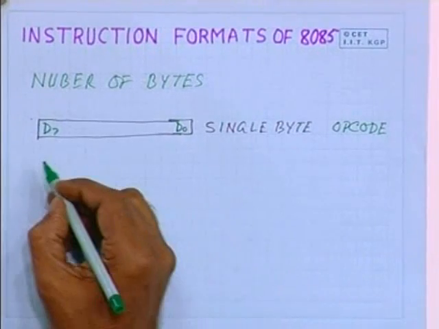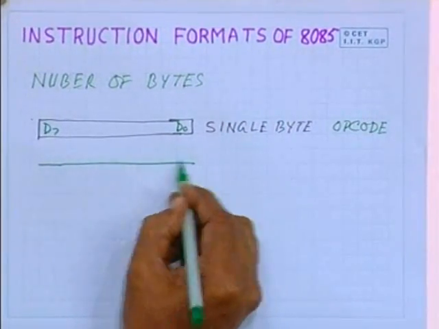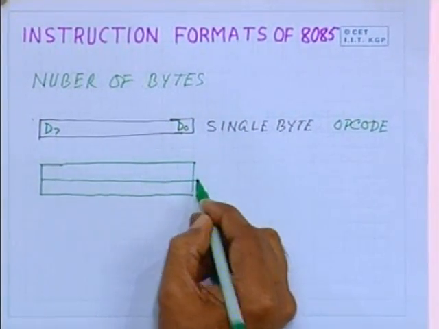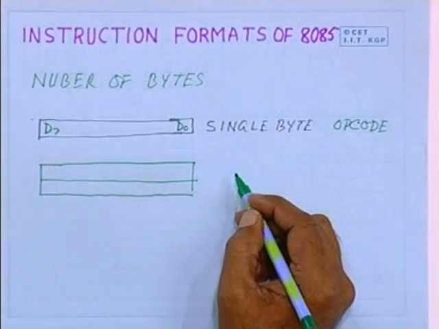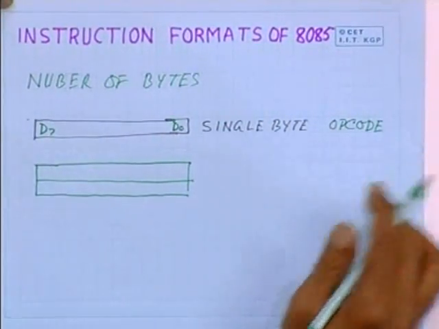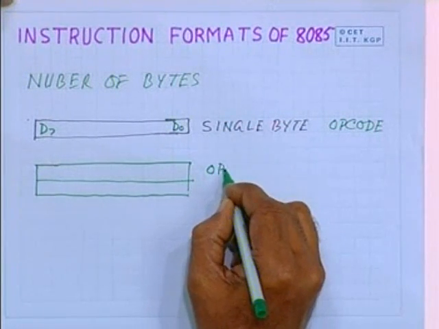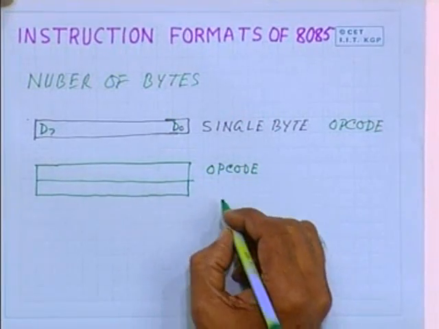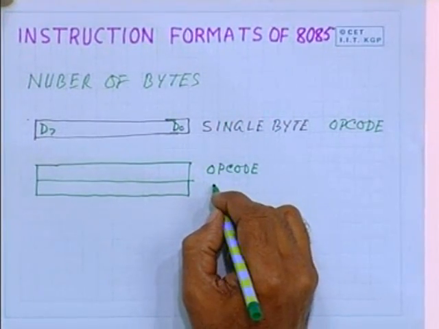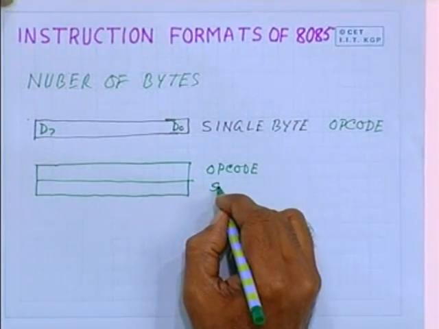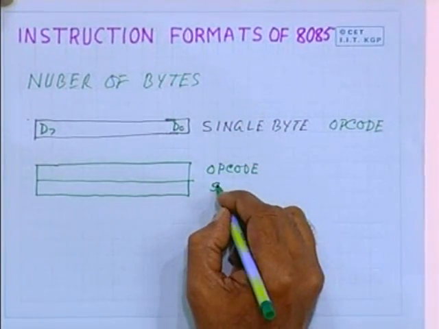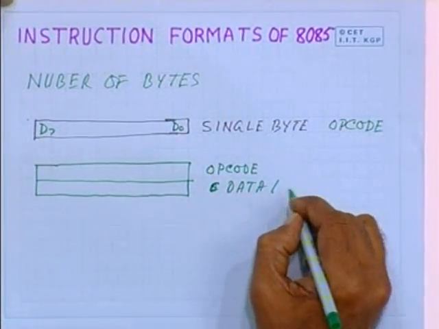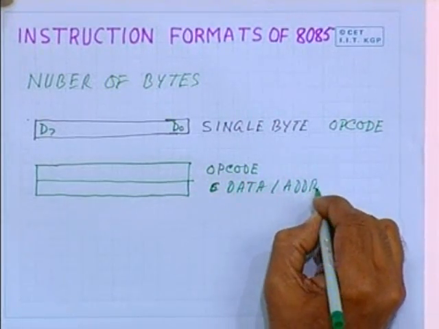Or the instruction can be of 2 bytes, where byte 1 will be the opcode and the second byte can be used to store either data or an address.